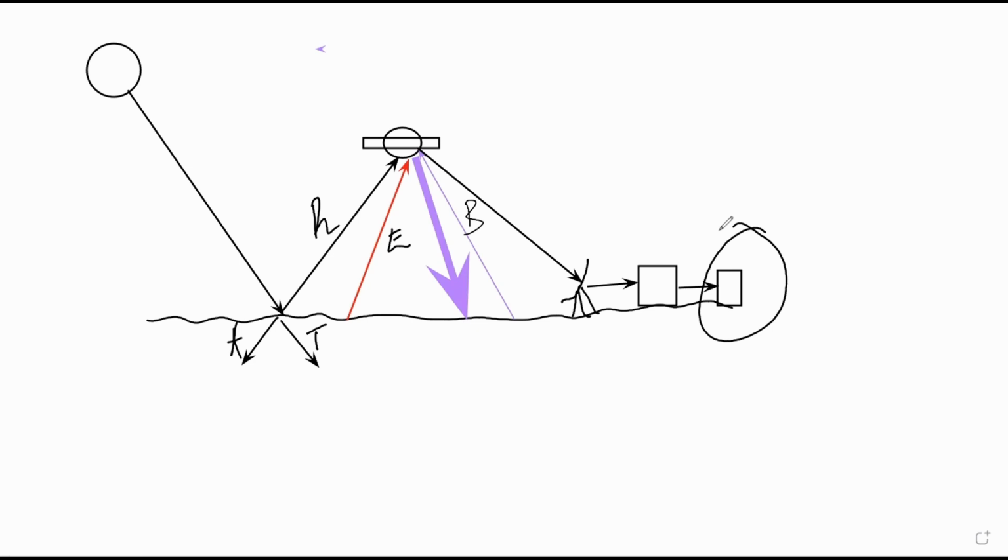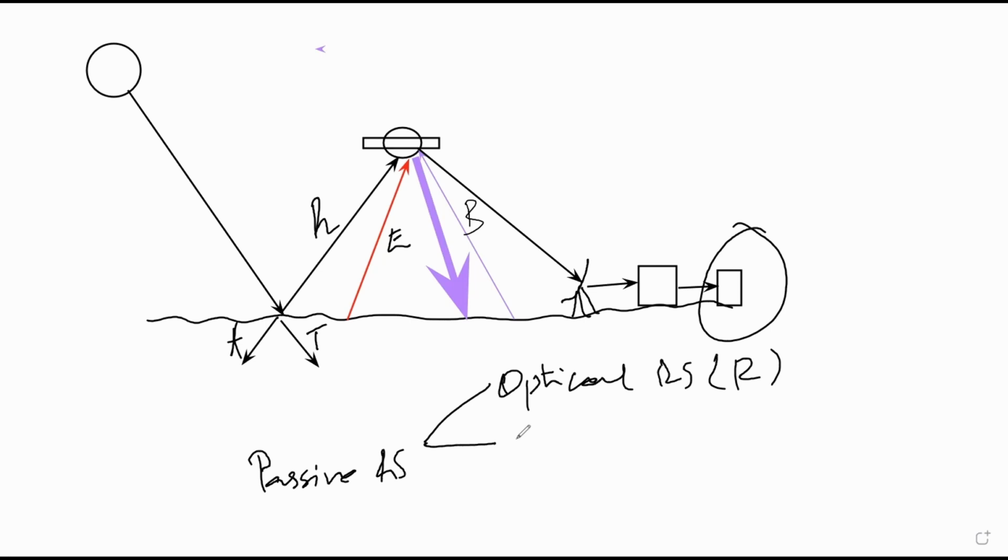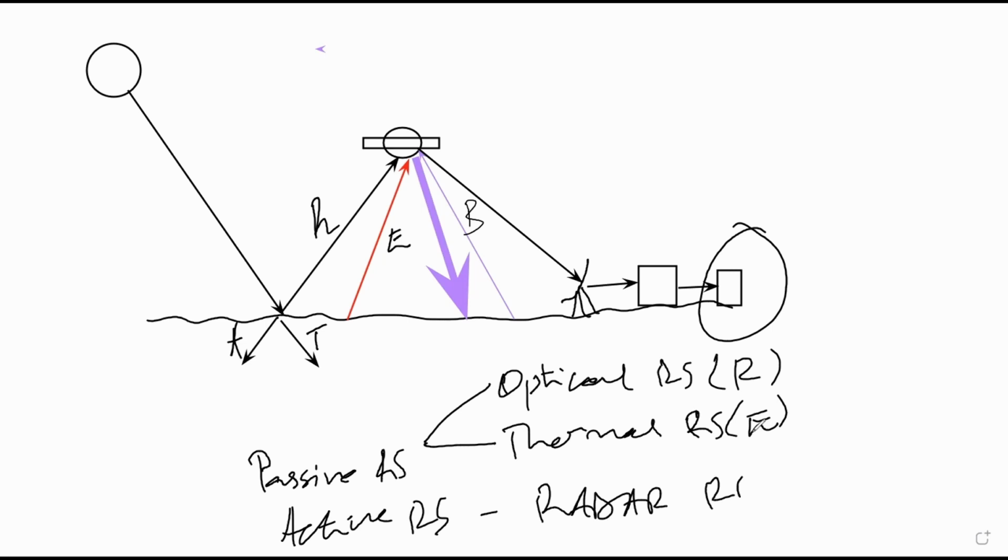We also, in our discussion yesterday, emphasized how we have passive remote sensing, and we can have optical remote sensing, where we're dealing with reflected energy, or we can have thermal remote sensing, where we're dealing with emitted energy, and then we have active remote sensing, where we're dealing with radar remote sensing, where we're dealing with backscatter. So that's where we are from last week's lecture.